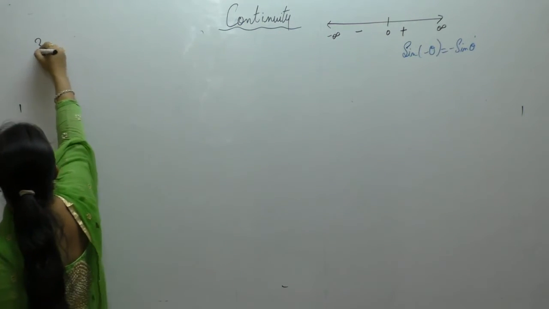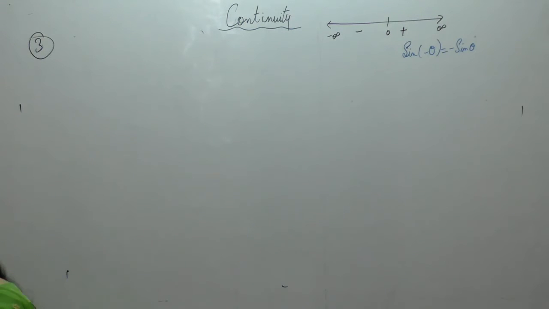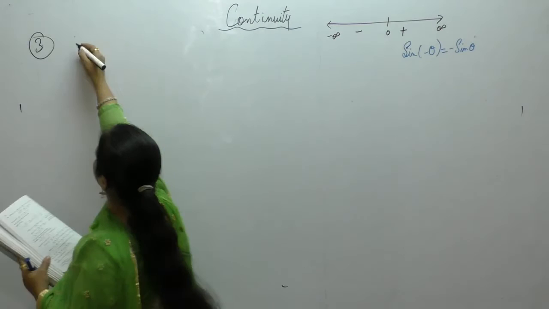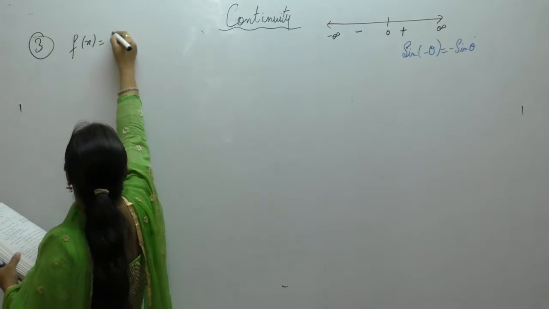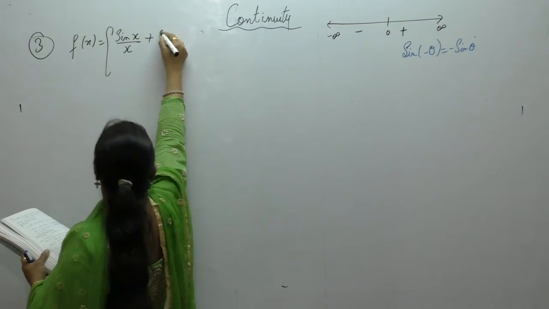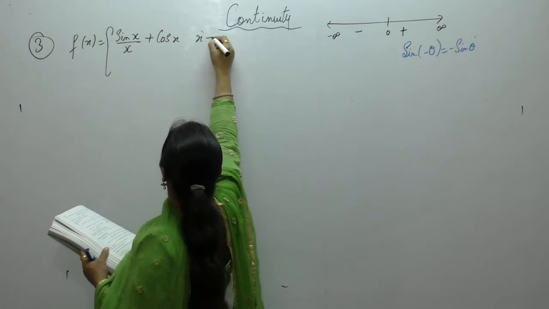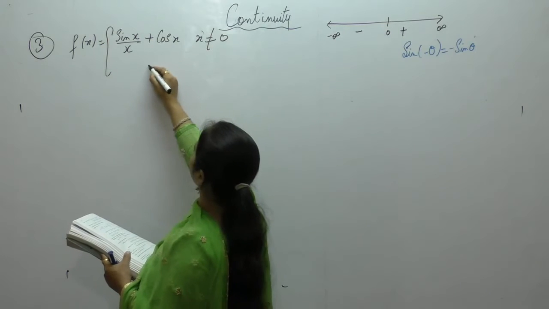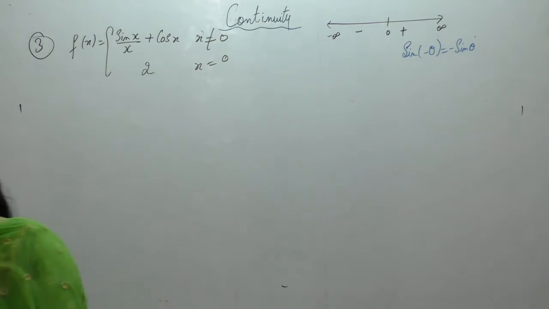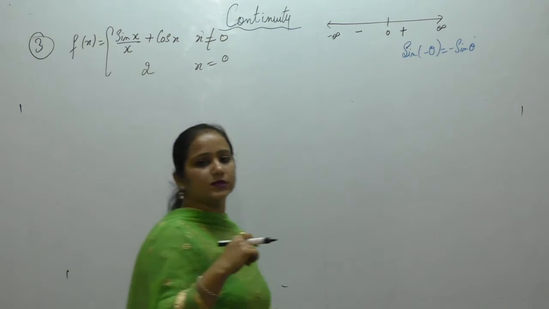Now the next one. Show that the function f of x given by sin x upon x plus cos of x when x is not equal to 0, and 2 when x is equal to 0, is continuous at x equals 0.